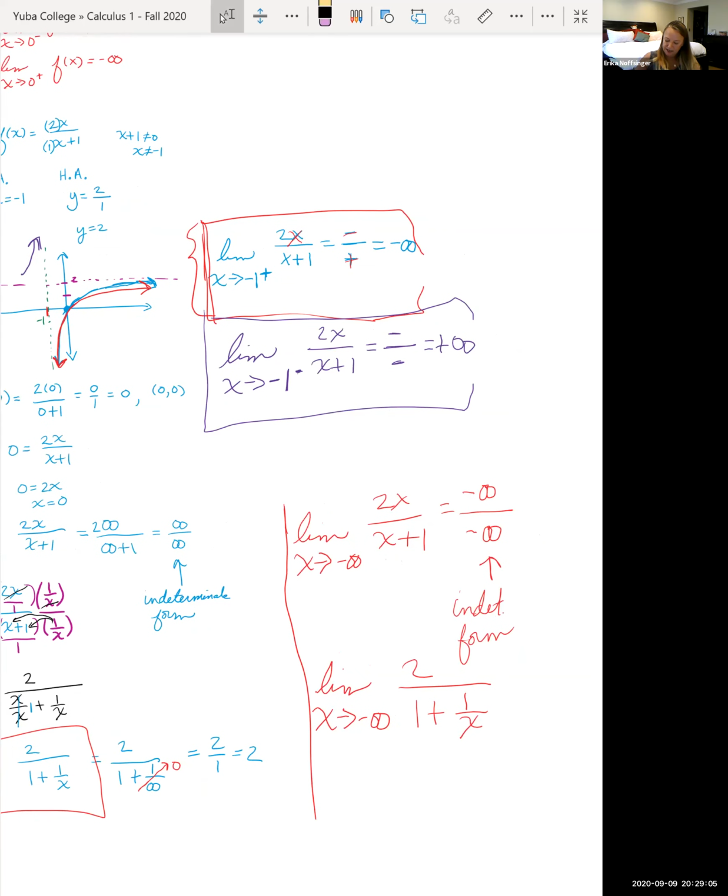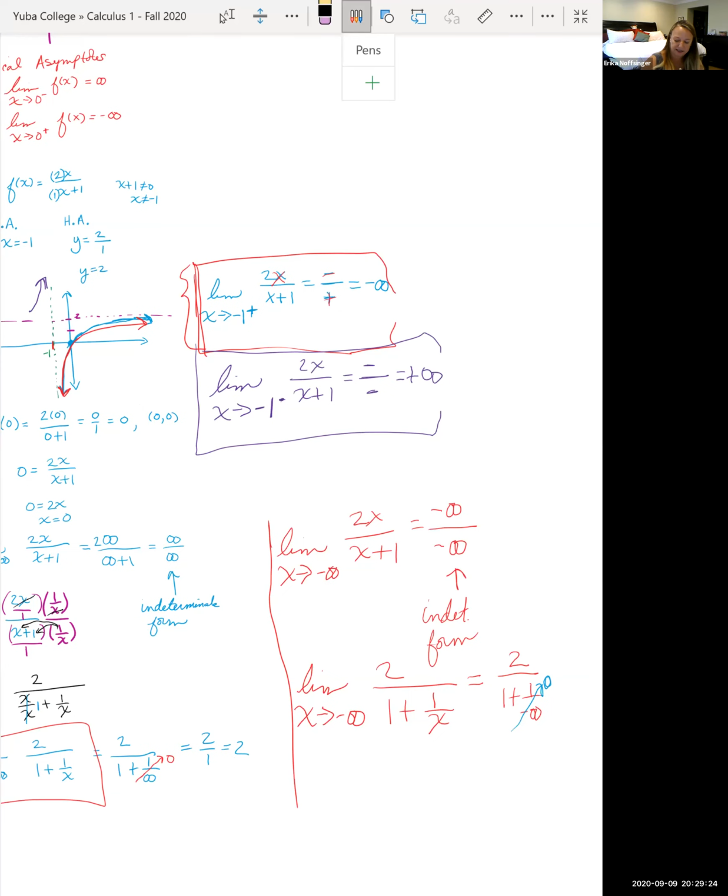And so when we plug in negative infinity, we have 2 all over 1 plus 1 over negative infinity, but 1 over negative infinity, that piece goes to 0. So we really have 2 over 1, which is just 2. So the limit as x is going to negative infinity is equal to 2.